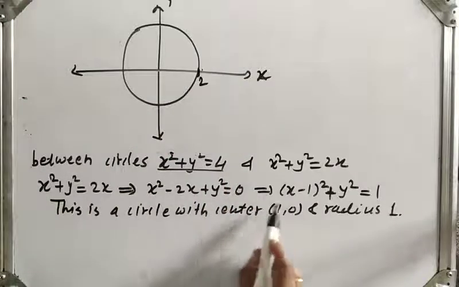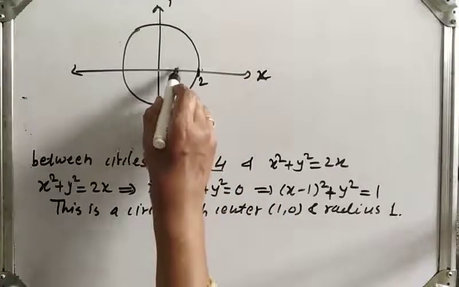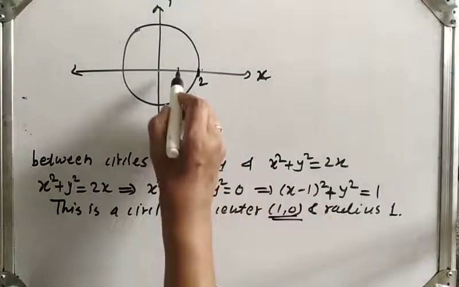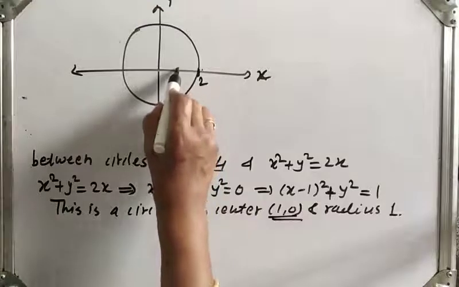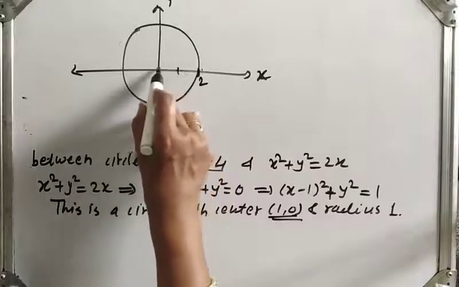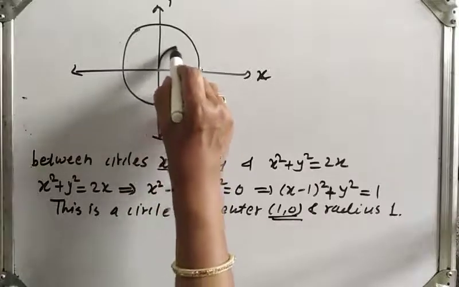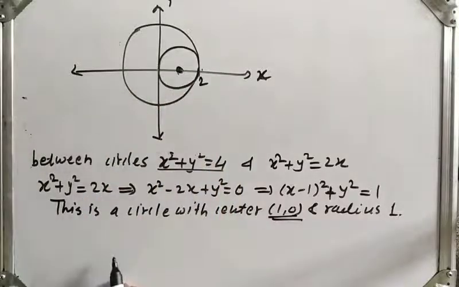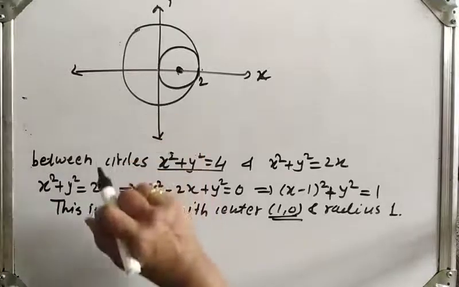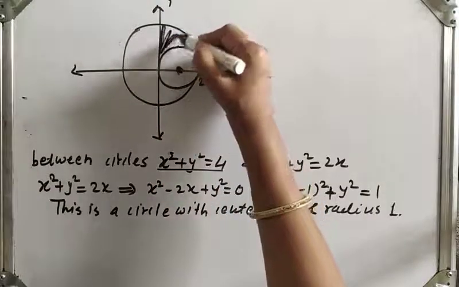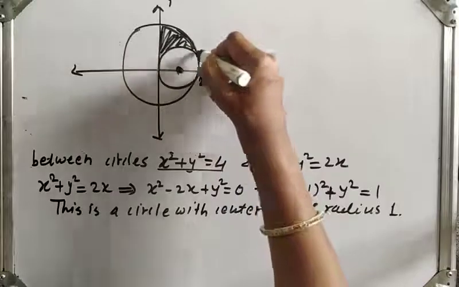The other has center (1, 0) and radius 1; this distance is 1, this distance is 1, so the other circle is this. The region in the first quadrant bounded by these two circles is this. This is our required region.